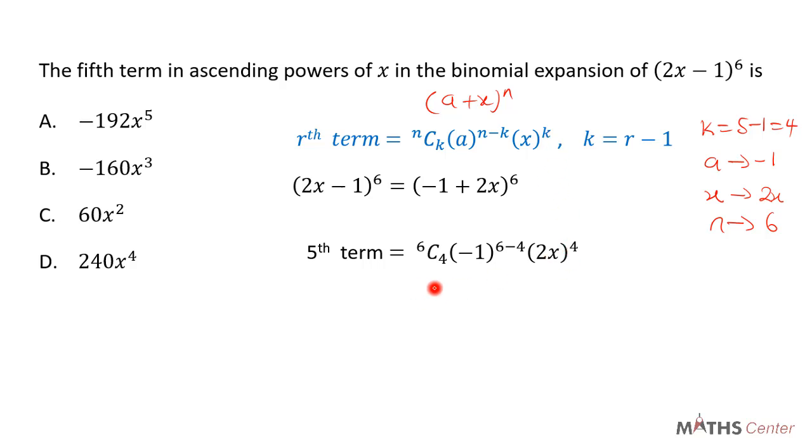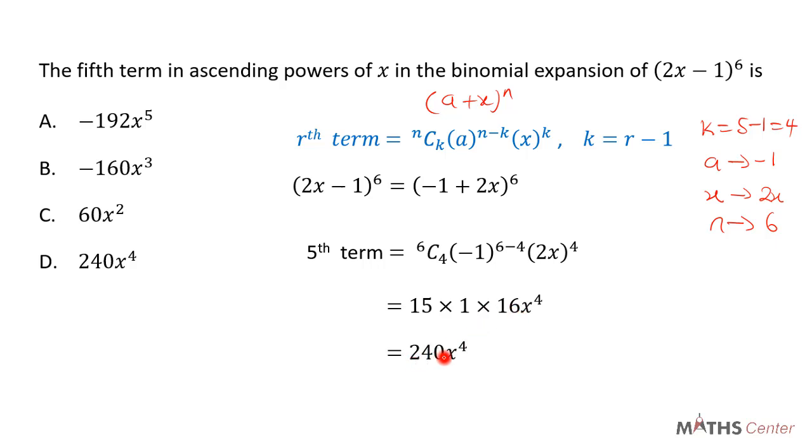6 combination 4 gives us 15. 6 minus 4 is 2. Negative 1 exponent 2 is 1. 2x exponent 4 is 16x exponent 4. 15 times 1 times 16 gives us 240.